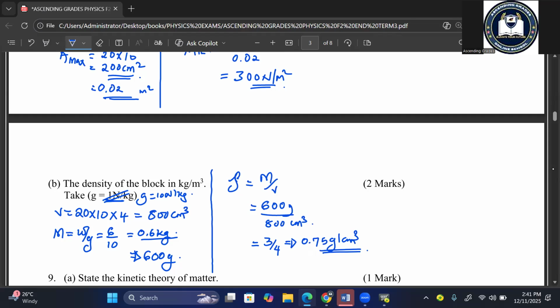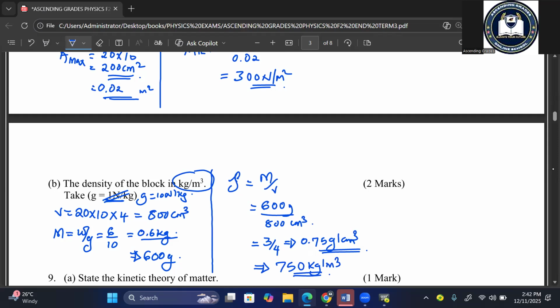But the question is demanding us to give the answer in kilograms per cubic meters. Therefore, you multiply by 1000, then you get 750 kilograms per cubic meters.